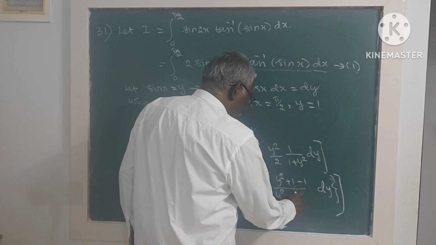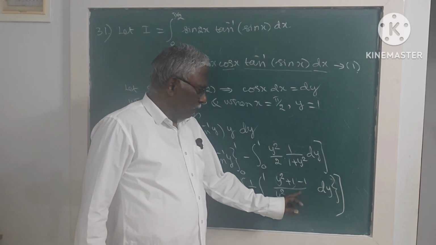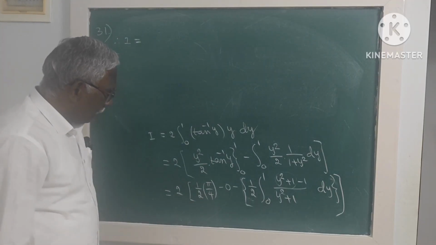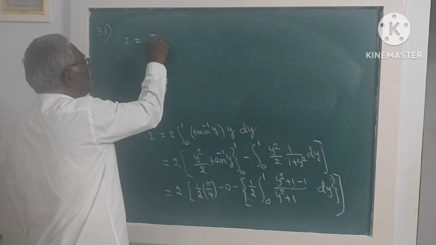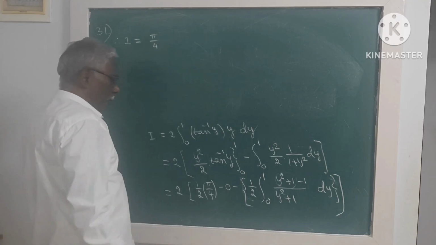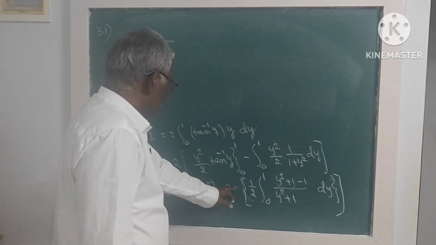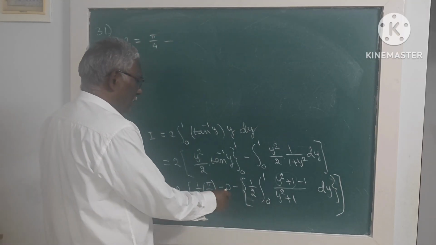So y square plus 1 by y square plus 1 is 1, then we write minus 1 by y square plus 1. This will become pi by 4 minus 2 into half, that becomes 1.